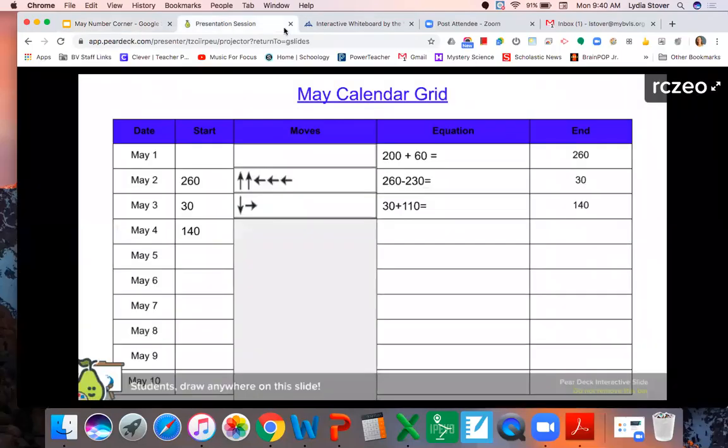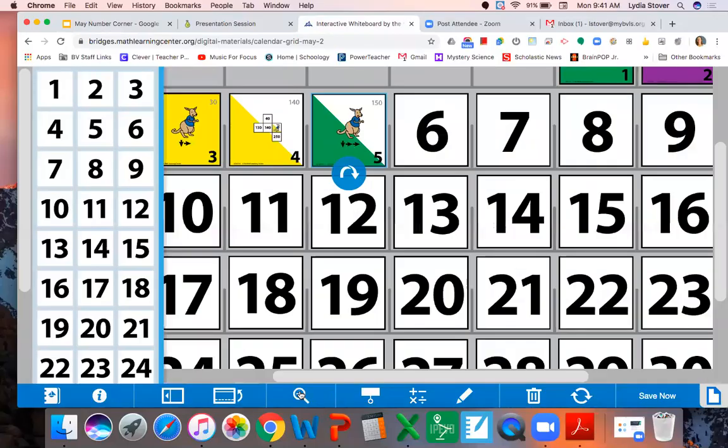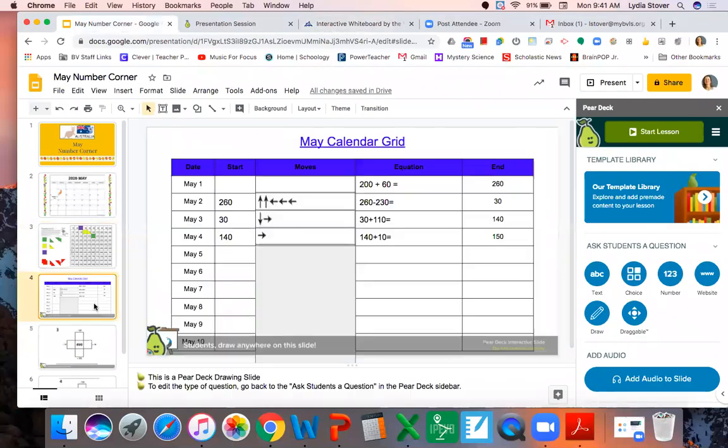Then we're going to move into May 5th, Cinco de Mayo. Another green triangle on the bottom half. Kanga, if we zoom in, she went down and over 2. When we go down, our numbers get bigger by 100. And over, we get larger by 10. So we ended at 150.